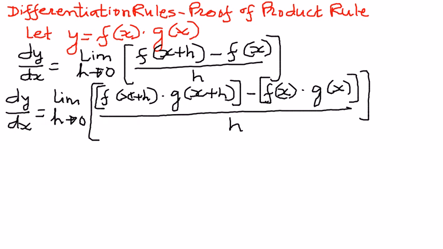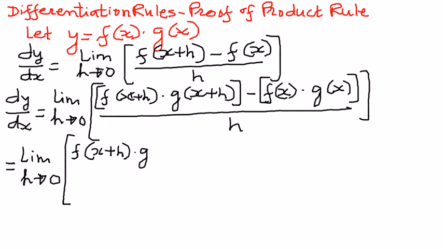So this is going to be equal to the limit as h approaches 0, f of x plus h times g of x plus h minus, I'm going to write the one which we're going to add and subtract in another color, f of x plus h times g of x.